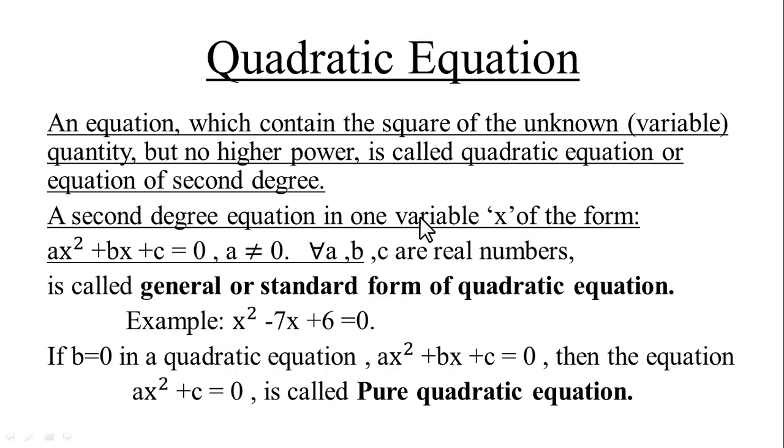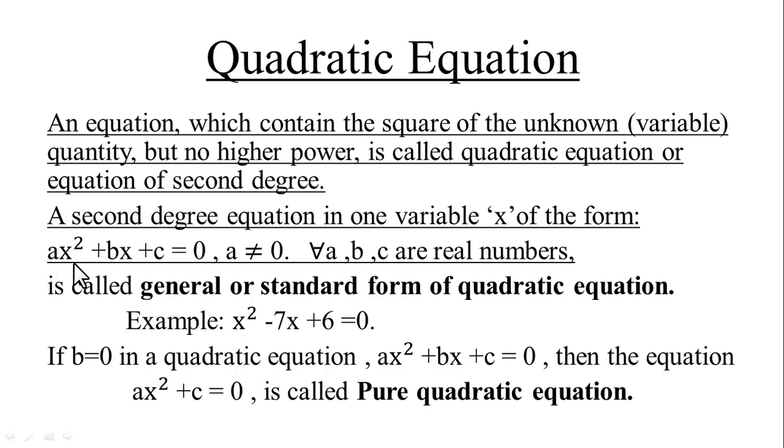A second degree equation in one variable x is of the form ax square plus bx plus c is equal to 0, where a is not equal to 0 and a, b, c are real numbers. In this equation, ax square plus bx plus c is equal to 0 is called a second degree equation or quadratic equation. But a is not equal to 0.